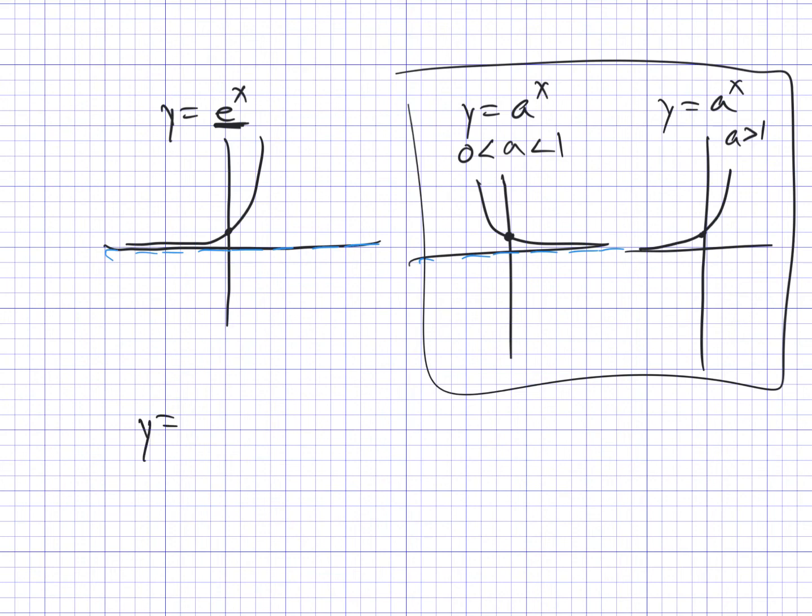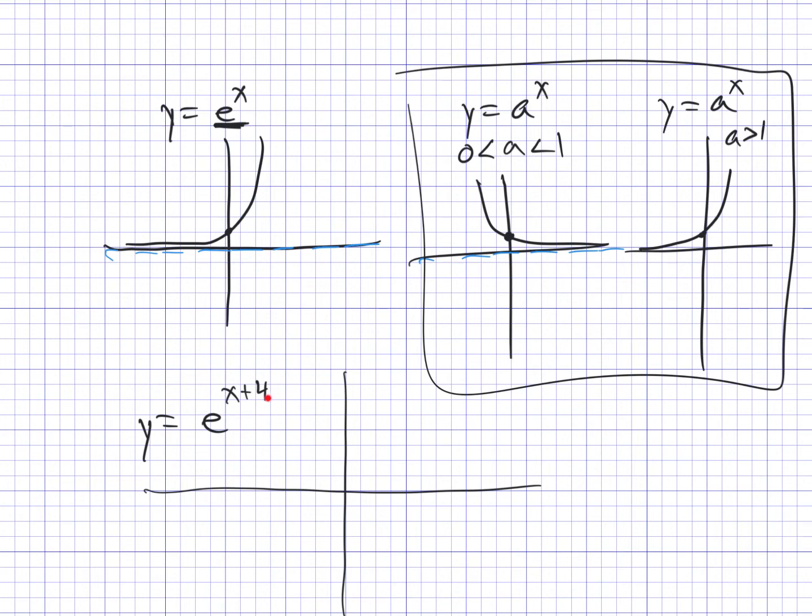So y equals e to the x plus 4. Graph it quickly. Okay, should be done. Again, the parent function, e to the x, goes up to the right.